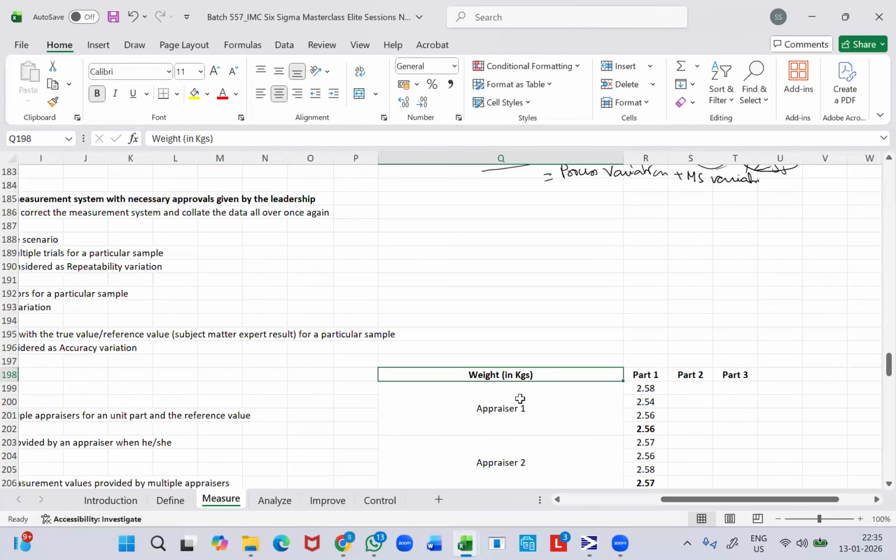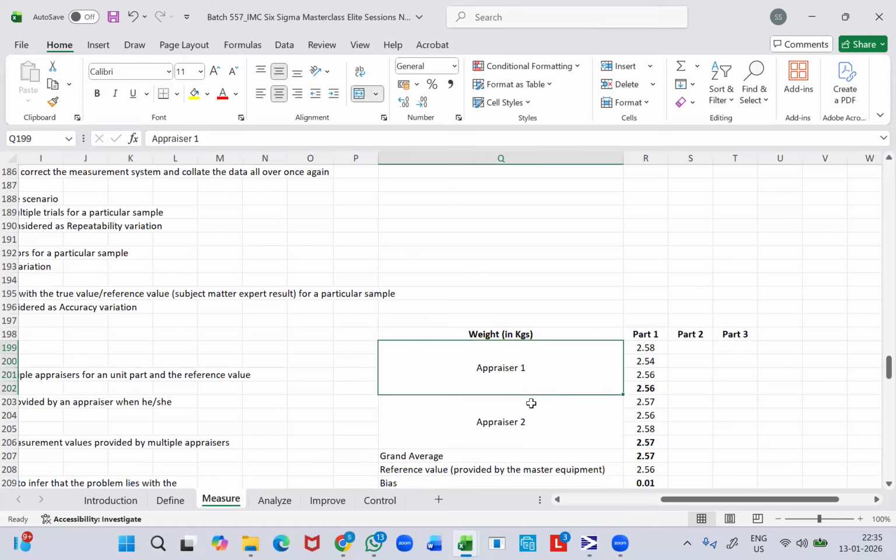As we saw for discrete data, we need to have a minimum of two appraisers. Just like how we said that we need a minimum of two auditors for the discrete data measurement system analysis exercise, for continuous data we need a minimum of two appraisers involved in that exercise.